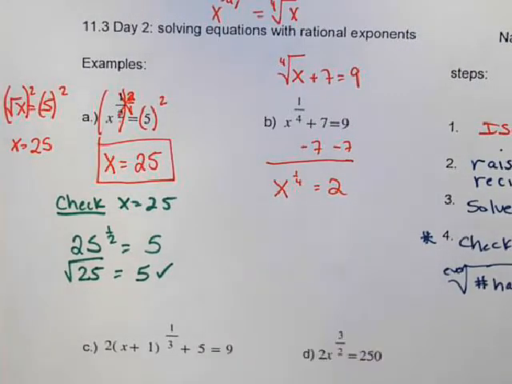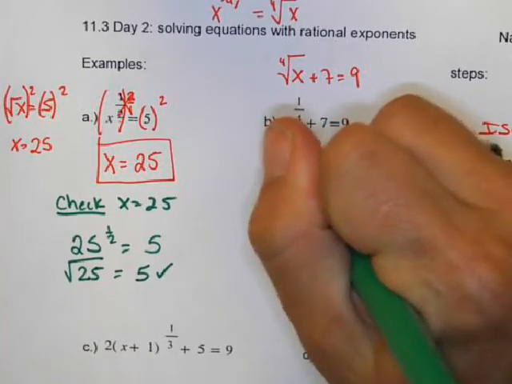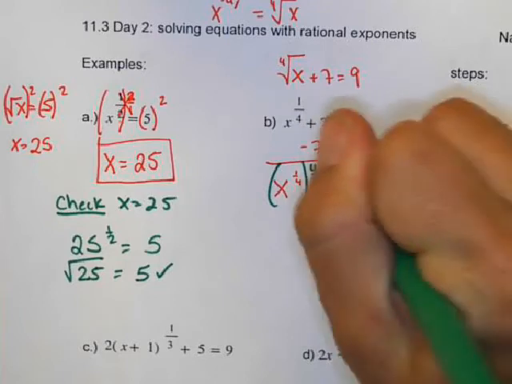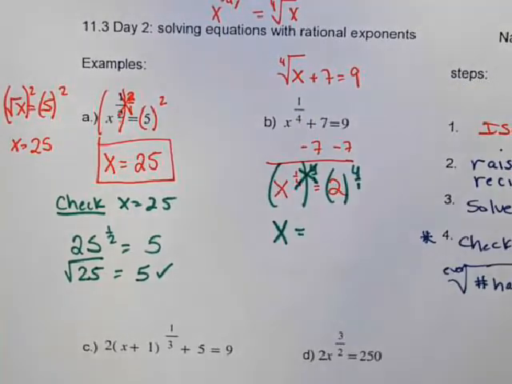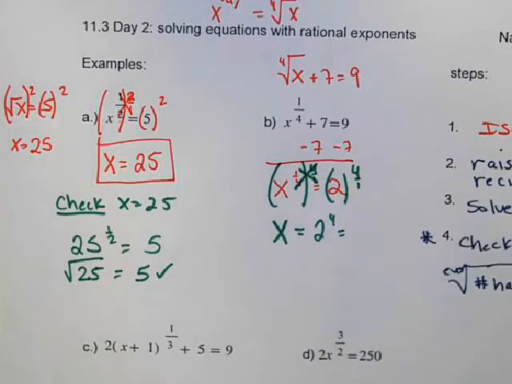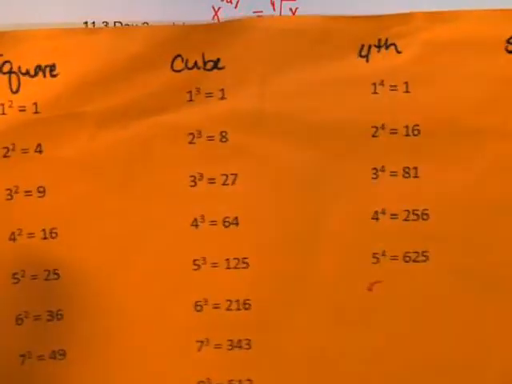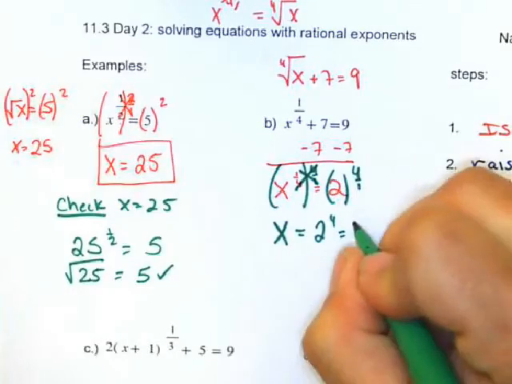The reciprocal power of 1/4 is 4/1. And these exponents cancel, so I just have x to the 1st power, and then I'm doing 2 to the 4th power, and 2 to the 4th power is 16. And again, here's my reference sheet, so I don't need a calculator. 2 to the 4th power is 16. So x equals 16.